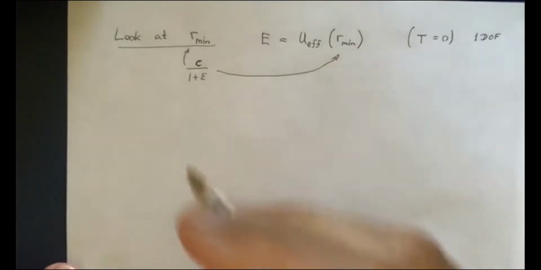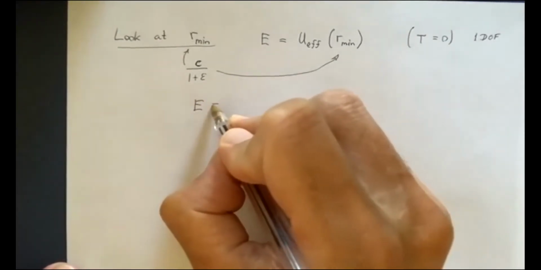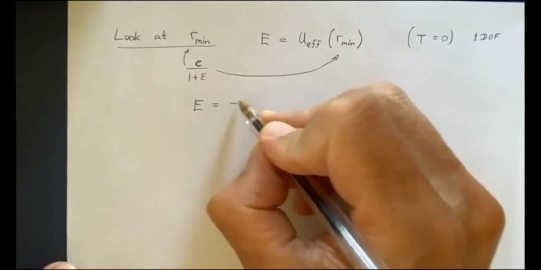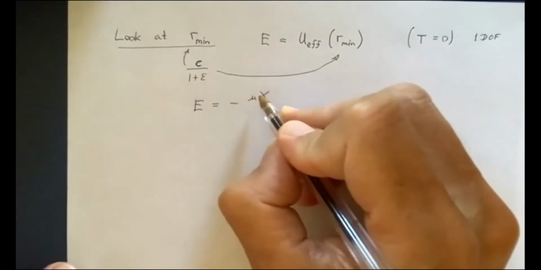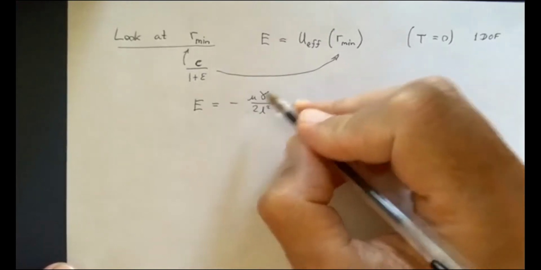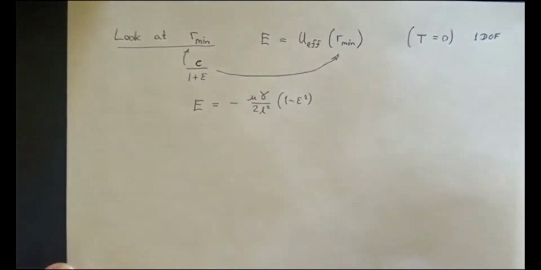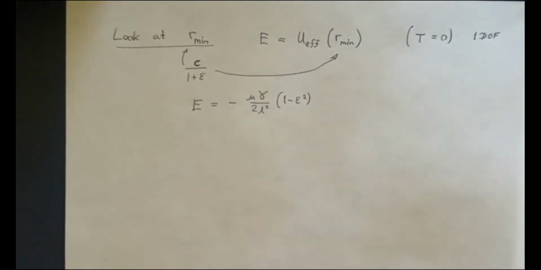One of the results presented in the chapter summary follows from this, that the total mechanical energy is minus mu gamma over 2L squared, times 1 minus epsilon squared. That formula is in the chapter summary.